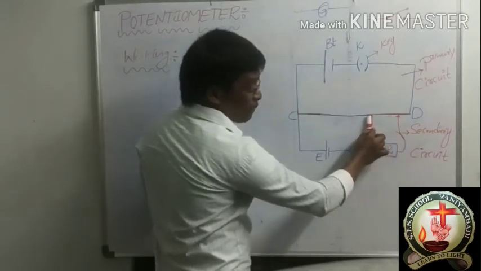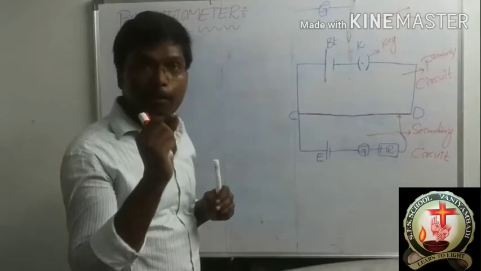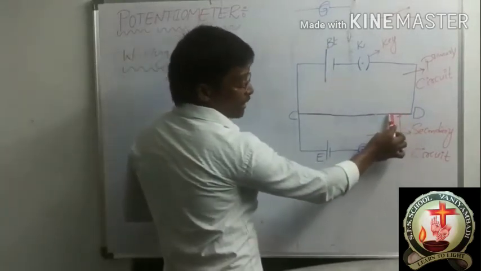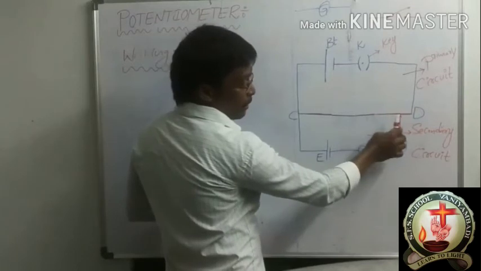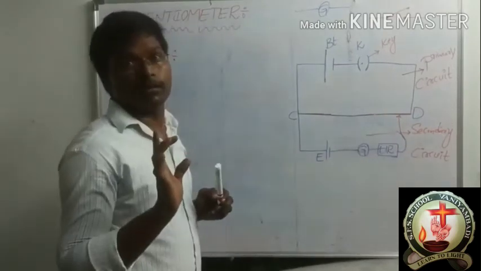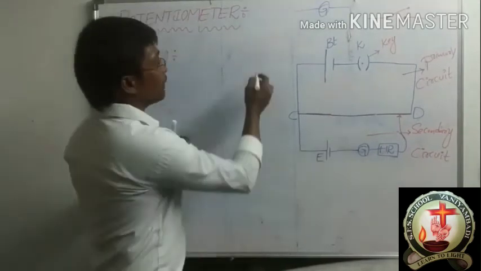One particular point, we don't know which point, but at one particular point, when you are moving this jockey in this side, this galvanometer shows zero deflection. I will tell you what the symbol of this galvanometer is.